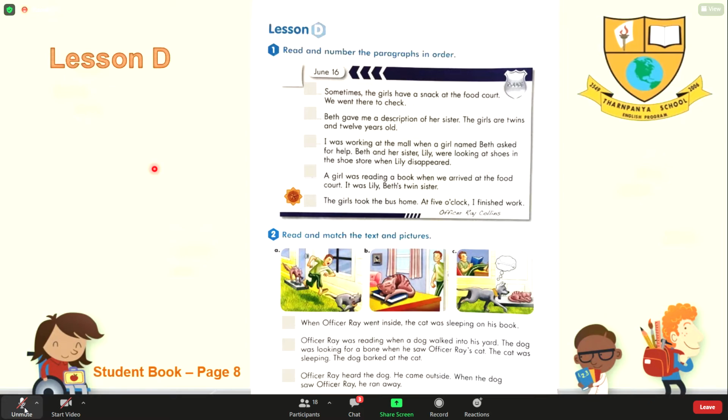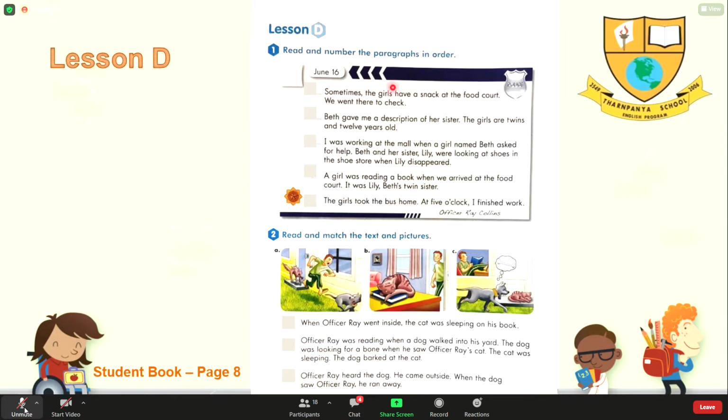Do you want me to read it one more time or did you finish? Yes, I finished. Did you all finish or do you want me to read it one more time? Finish. Okay, so who can tell me what's the first paragraph?